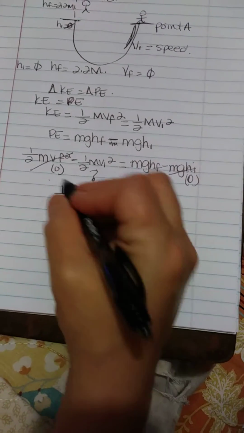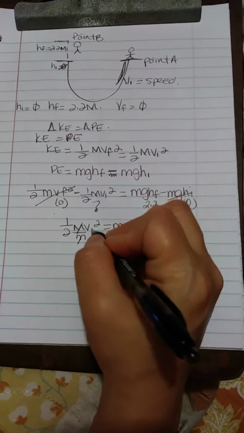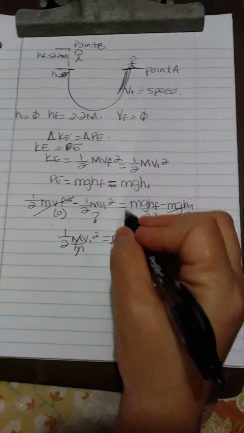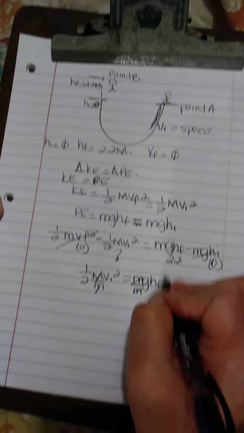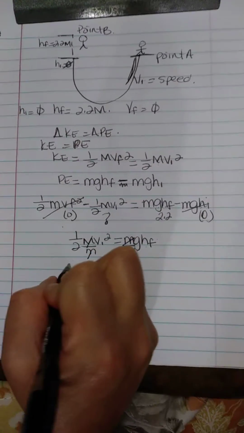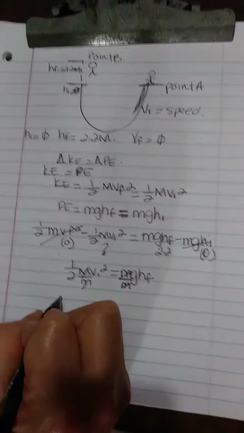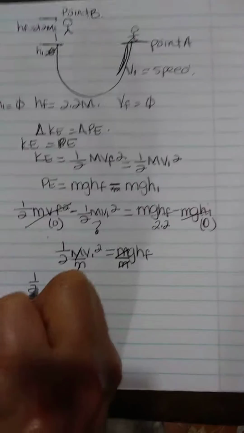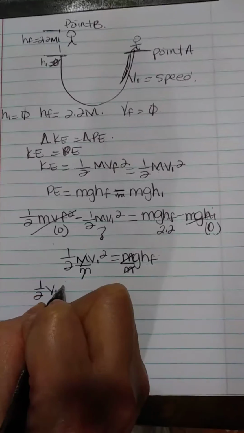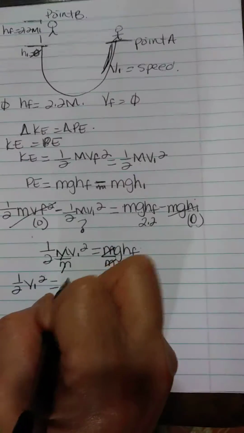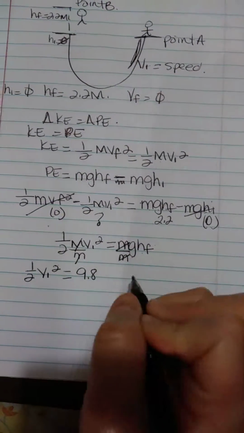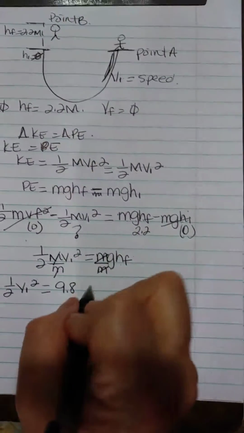We're left with 1/2 initial velocity squared equal to gravity times height, which is our final height. To set up our equation, we have 1/2 VI squared equals gravity, which is 9.8, times our height.